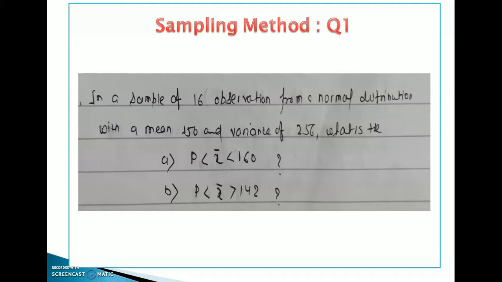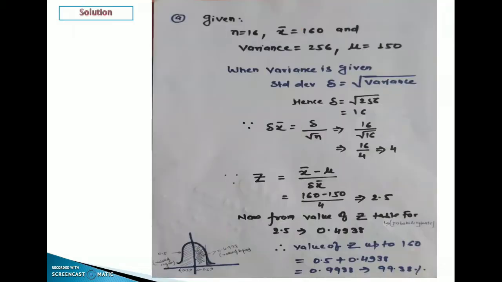Before solving this problem, we first have to understand what is given here. Pay attention to the words normal distribution. When a normal distribution is given, we understand that it is talking about the population.